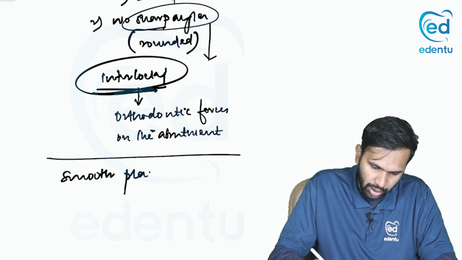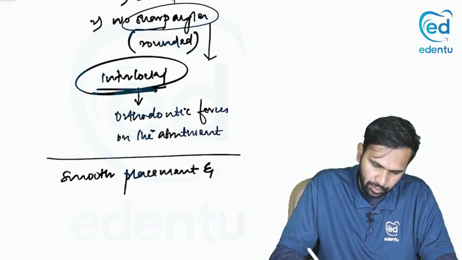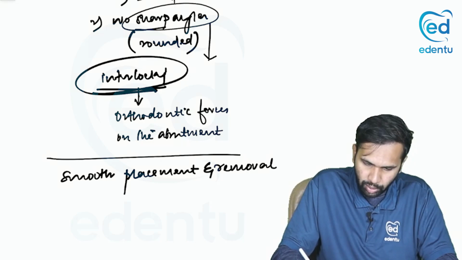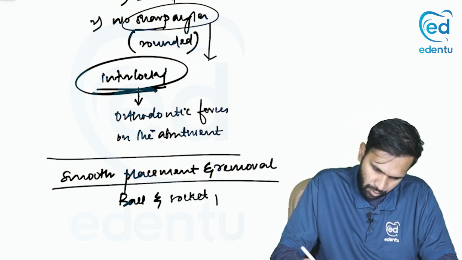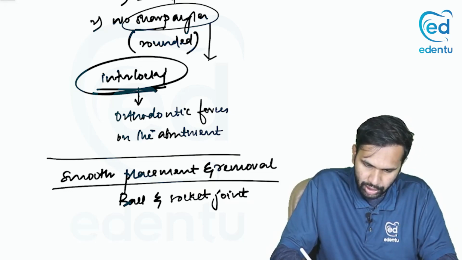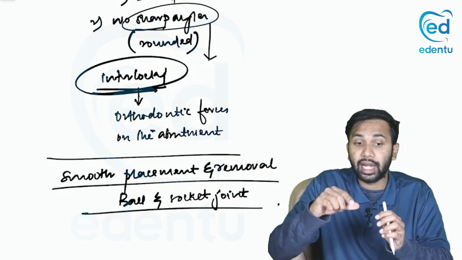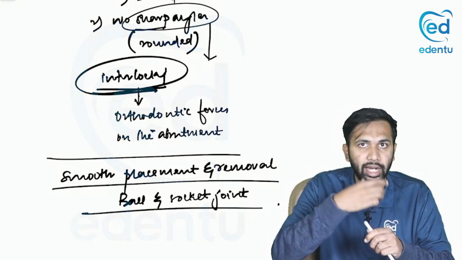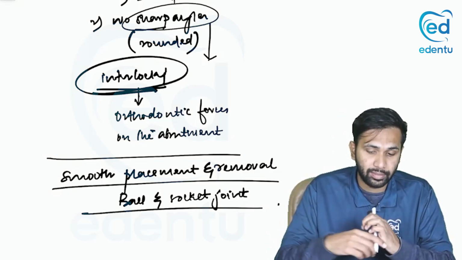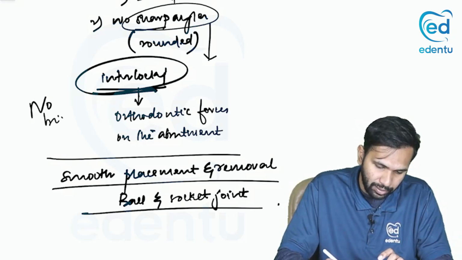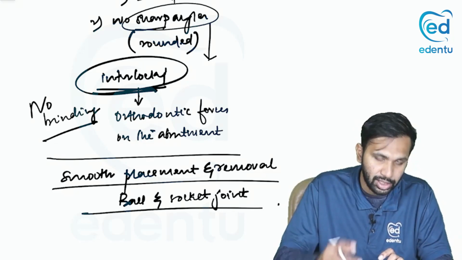It should allow smooth placement and removal without any friction, just like a ball and socket joint. It should provide a smooth gliding movement when you are removing, inserting and replacing the RPD. It should not bind. Binding means locking.